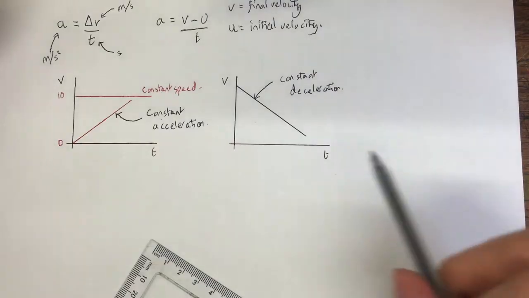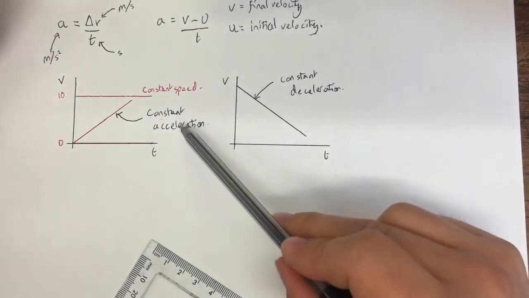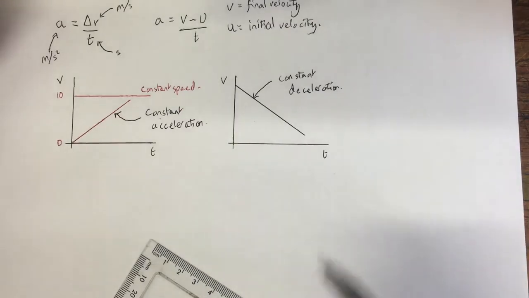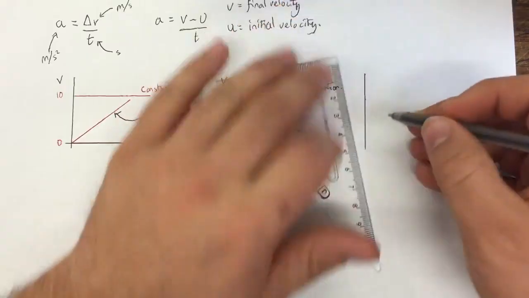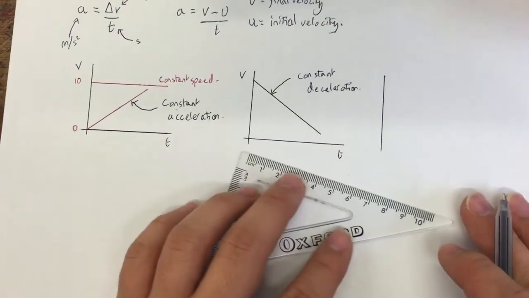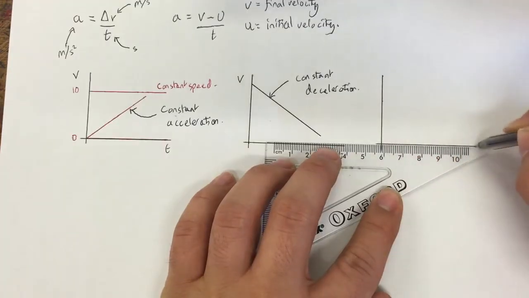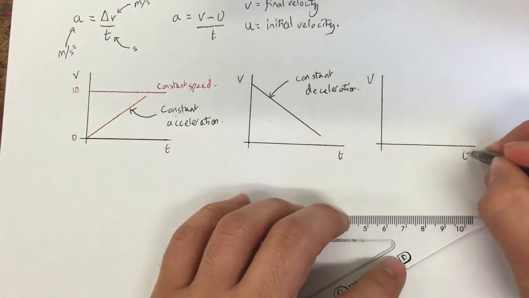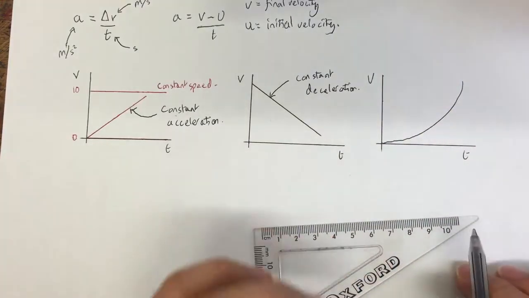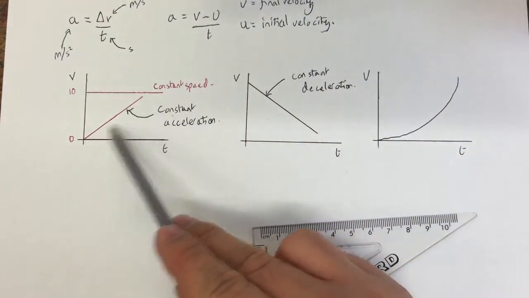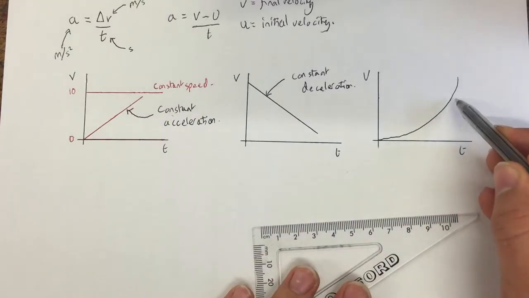And then if the line is curving, now what that means is that my acceleration is now changing. So if I have a line that curves upwards like this, my acceleration, which is represented by any upward line, keeps getting steeper and steeper and steeper.